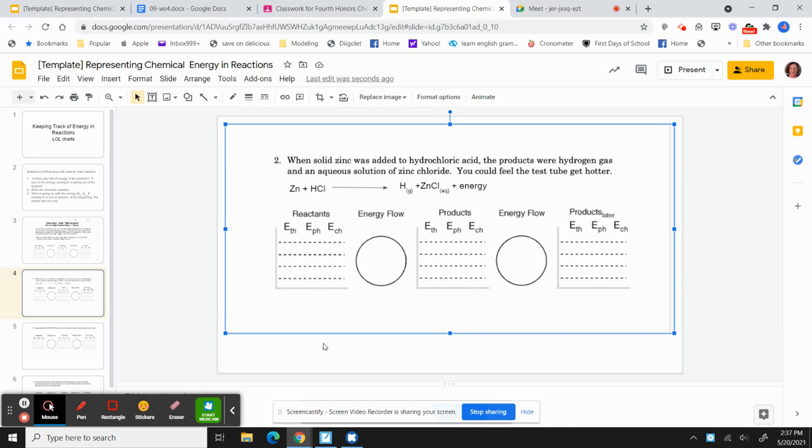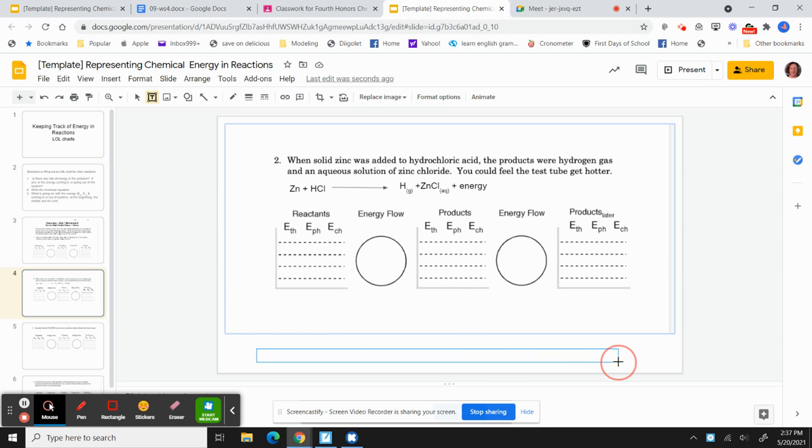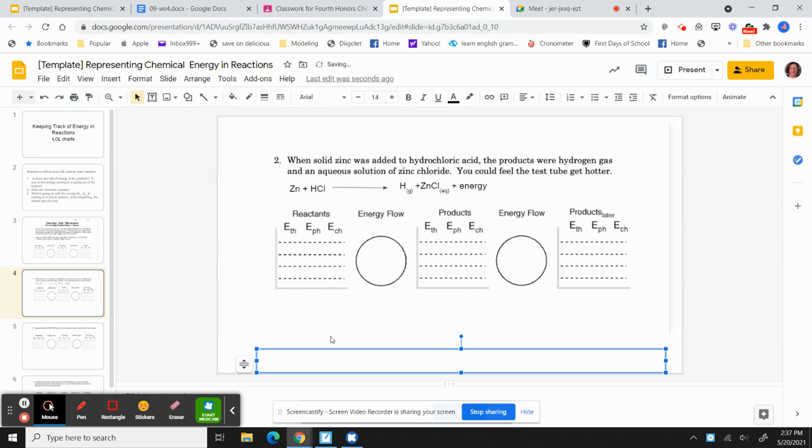We know that thermal energy is the energy of the movement of the particles, right? Thermal energy is how fast the particles are moving.